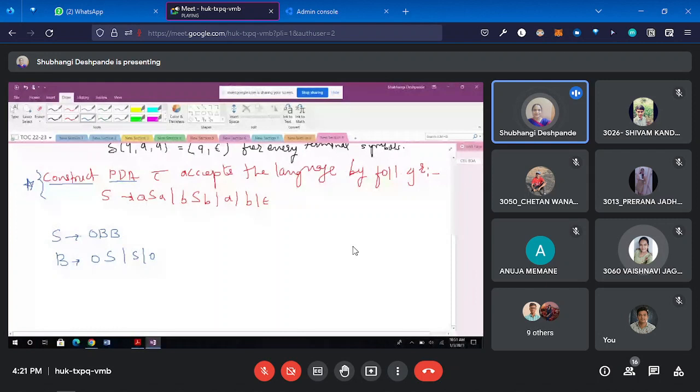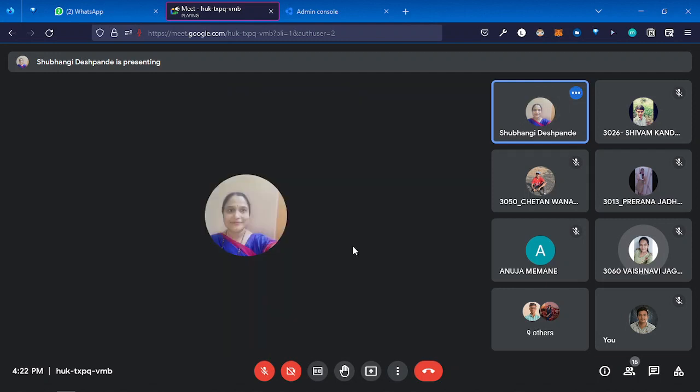Now here, let us start solving the example and solution. So we will have the PDA.